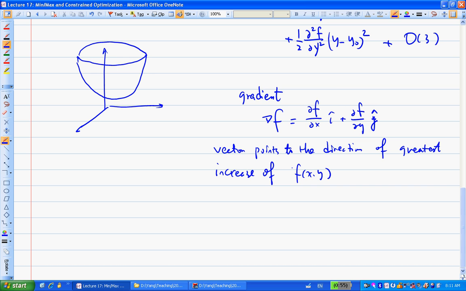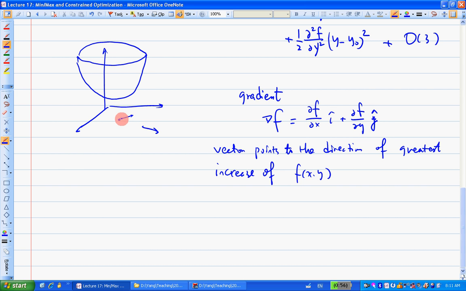So what does this mean basically? If you draw this vector in the xy plane, at any point here you can draw a vector, and at this point you can draw another vector. What does the direction of the vector represent?